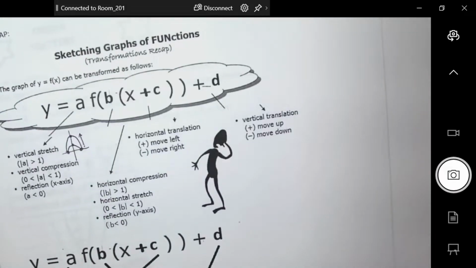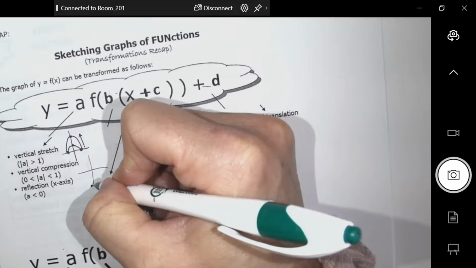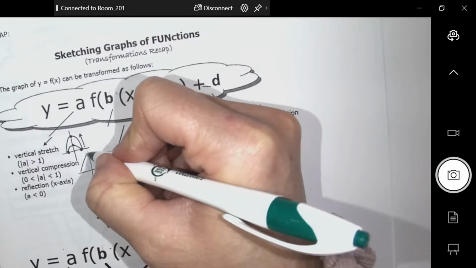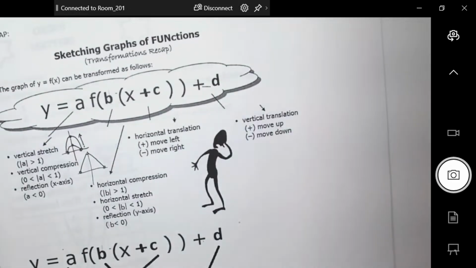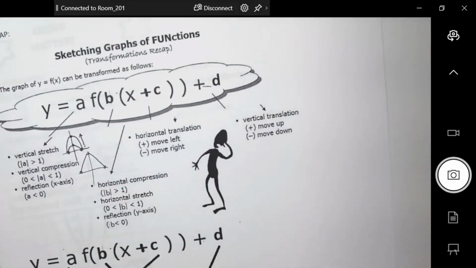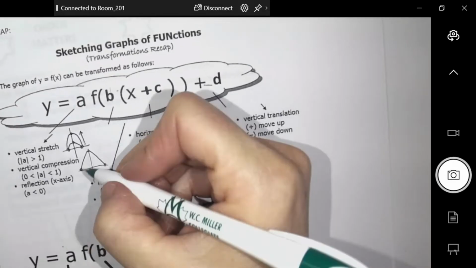So I stretched it. Something that's vertically compressed, so this time I'll draw like a triangle like that. So now think like this, and now I'm going to take it and squish it towards the axis.